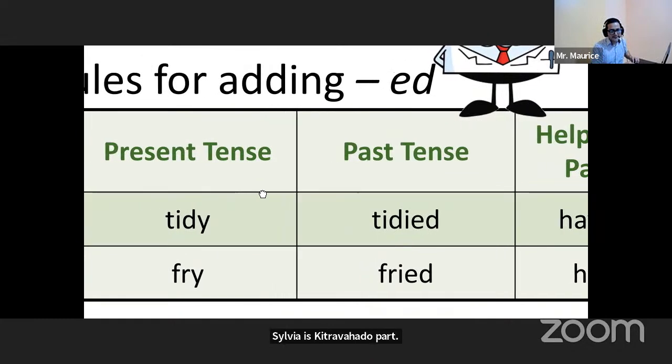Listen please. Como tercera regla tenemos aquellos verbos que terminan en Y, como tidy and fry. Tidy, fry. Como usted observa, ambos terminan en Y. Para transformar estos verbos al pasado, mire lo que sucede. ¿Qué ha cambiado?